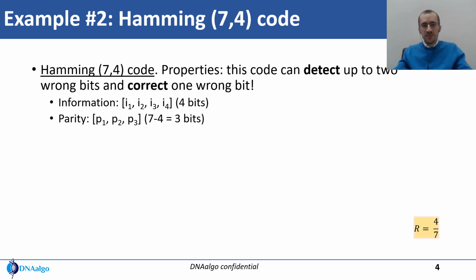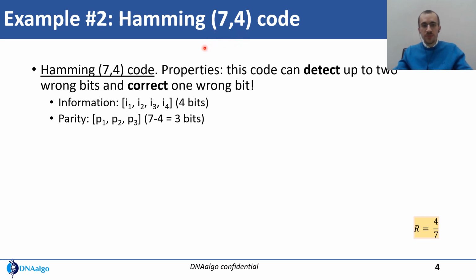Also, let's see another example, the Hamming 7,4 code. Hamming codes have nice mathematical properties. In this case, 7 and 4 are two parameters. 4 is the number of our information bits, while 7 is the total number of bits we transmit, so 4 information bits plus 3 parity bits.